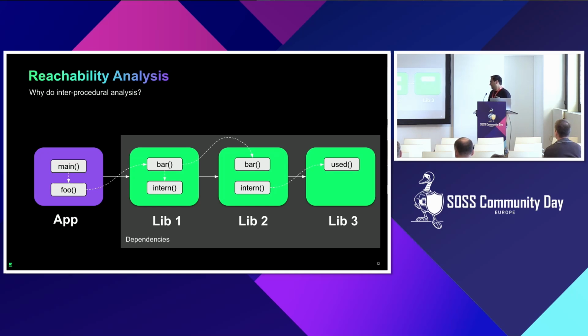But if you really look closely at the call paths, we will see that main calls foo, then foo calls bar, bar calls intern, and then bar calls another bar in lib2. But then here we say there are no function calls. So there's no call from the application down to intern, this later call used.